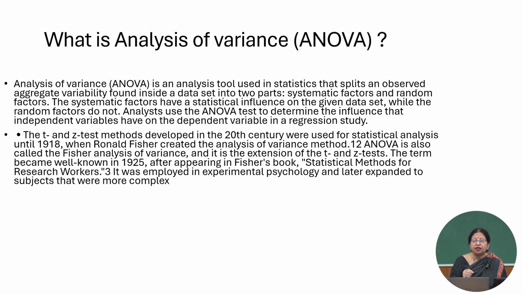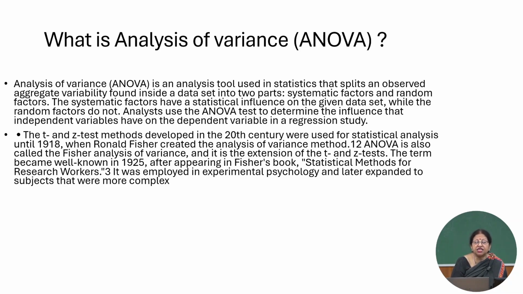So there, the analyst uses the ANOVA test to determine the influence that independent variables have on dependent variables using a regression study. So one by one, he takes the variable and then it testifies.